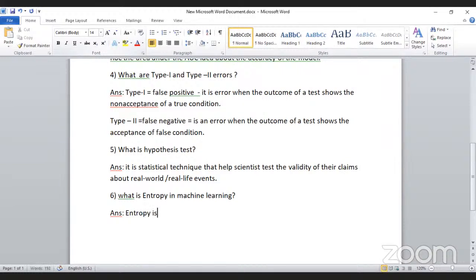Entropy in ML, that is machine learning, measures the randomness in the data.